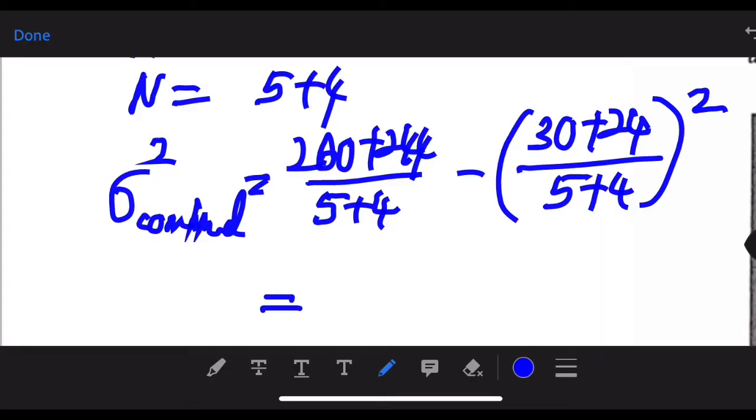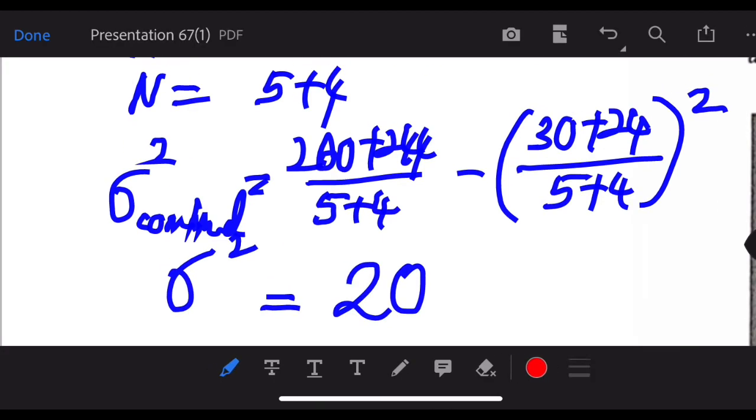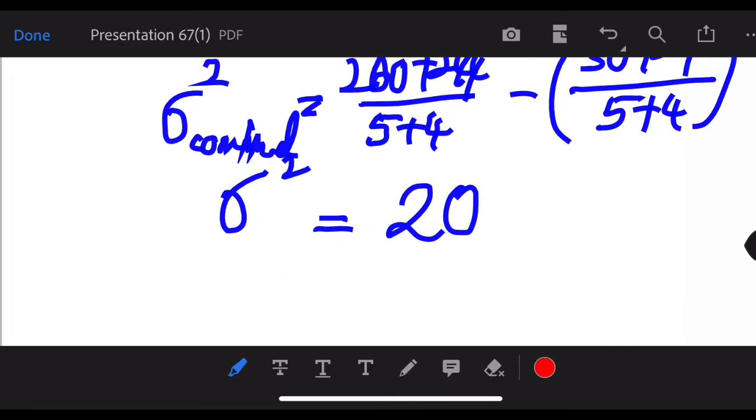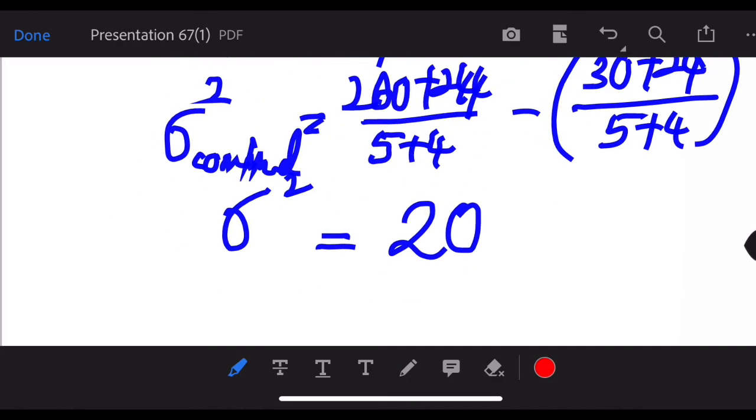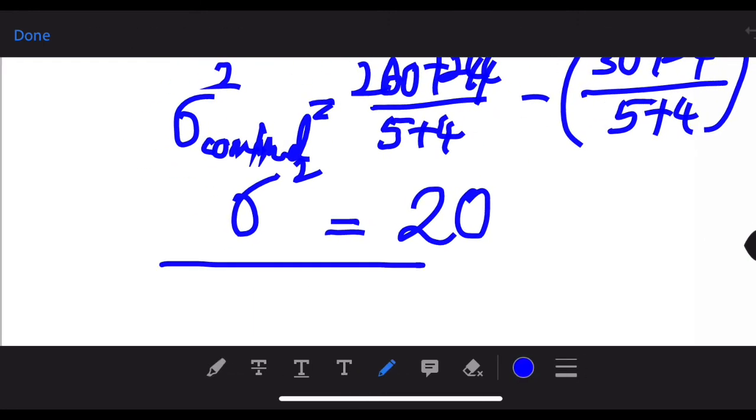If you combine, you have to combine everything: the sum of data square, and the number of data from 5 and 4 becomes 9. In total you will get the variance, which should be equal to 20. So please take note that you have to combine like that to find the combined variance. Okay, understand?